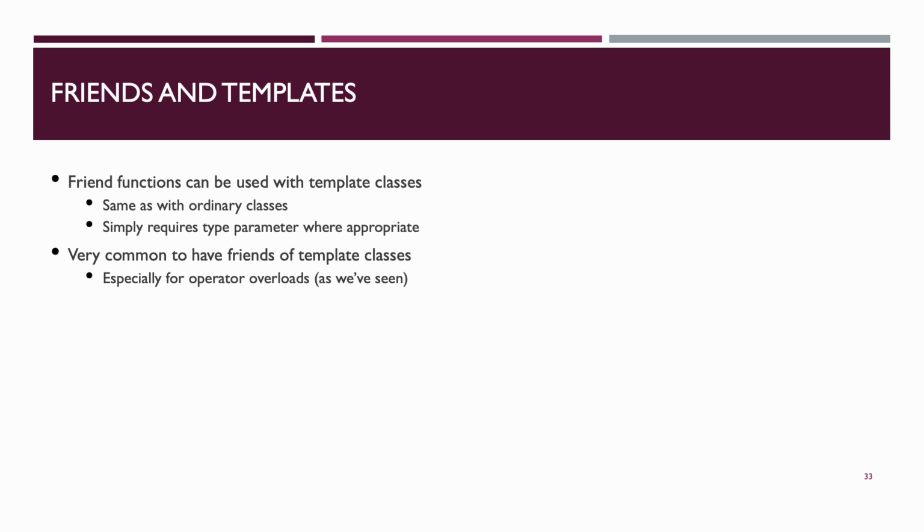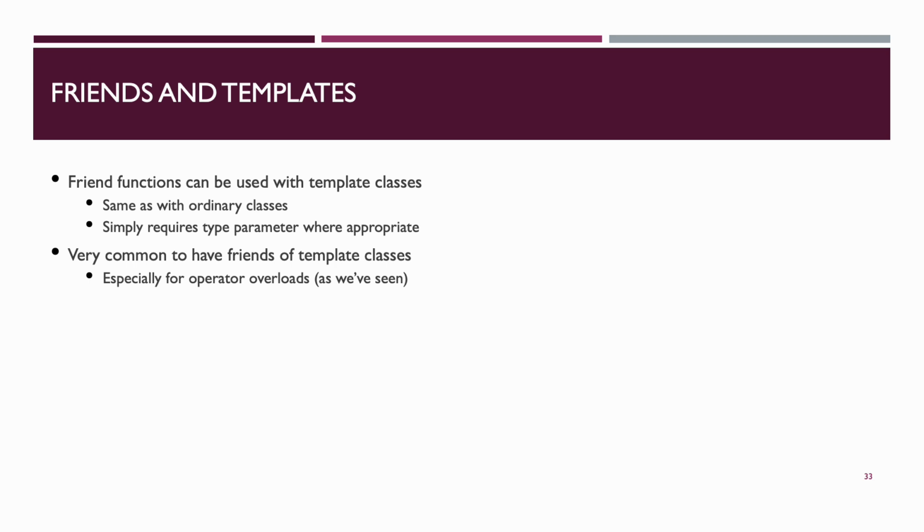Now friends and templates. Friend functions can be used with template classes in the same way they are used with ordinary classes. The only requirement is to specify the type parameter appropriately when defining friend functions for template classes. It is very common to define friend functions for template classes, particularly for operator overloads, which allows these functions to access private members of the template class.